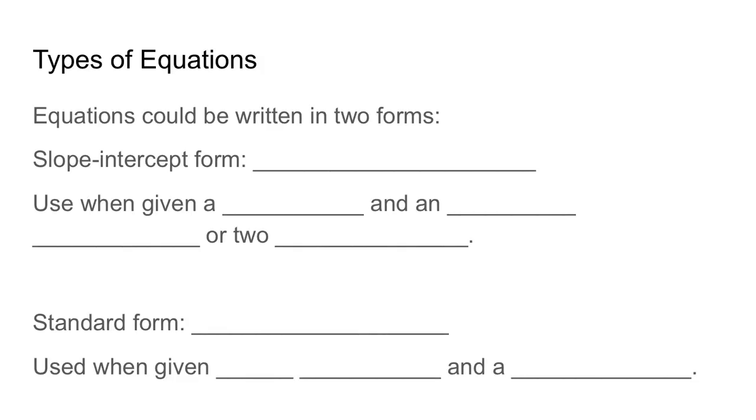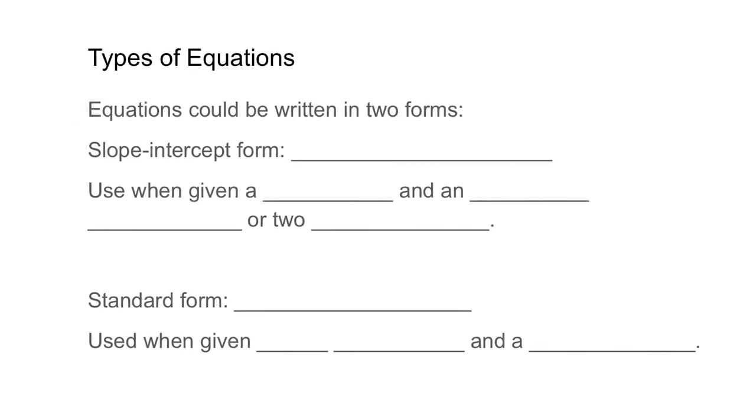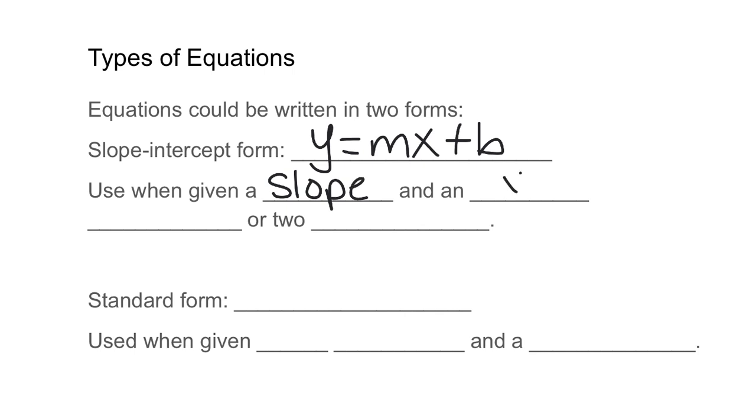Equations, we know, can be written in two forms, and this is a refresher of what we did in the lesson on writing linear equations. We have slope-intercept form, which is y equals mx plus b. This is used when you're given a slope and a y-intercept, or an initial value, sometimes they call it that, or two points.